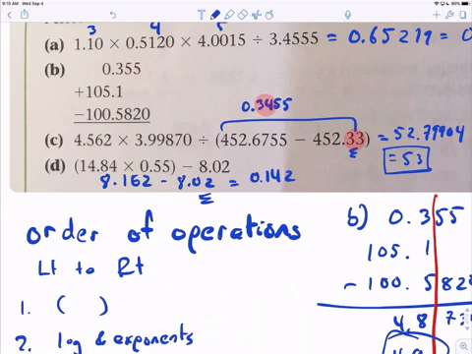Oh, I see, because this one you only know. Okay. Sorry, I was looking at this one. This one is kind of confusing. Okay. So you do this one here first, and you get 8.162, but this number here only has 2 sig figs because of the 0.55.